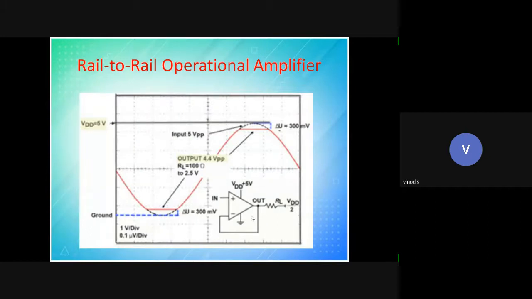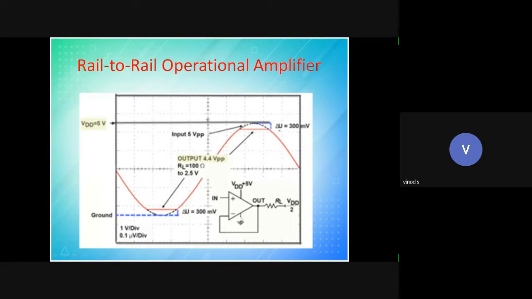So if the range is from 0 to 5, and you split it as 2.5, 2.5, one is for positive, another one is for negative. But what we will do, we will not go till 5, rather we will go for a maximum of 4.4 and divide it into 2.2, so this will be 2.2 and this will be 2.2. So this is what I told: in an amplifier, you will have non-inverting, inverting and output, three terminals.